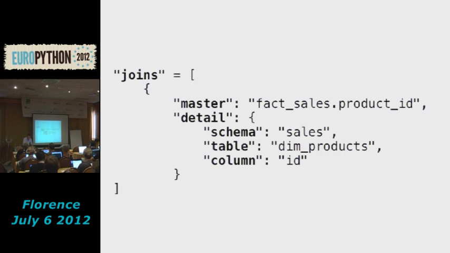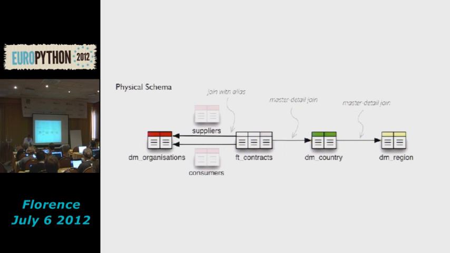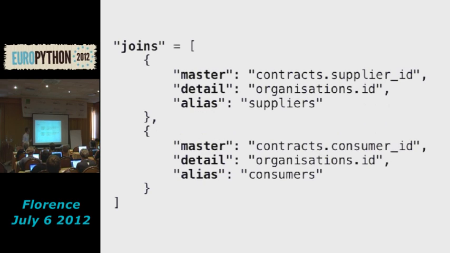And one more thing about joins, which is supported in Cubes. You might have this kind of problem: you have 2 dimensions, but only one table with organizations, and you have consumers and suppliers, and you would like to join this table. So how can you do that? Easily.